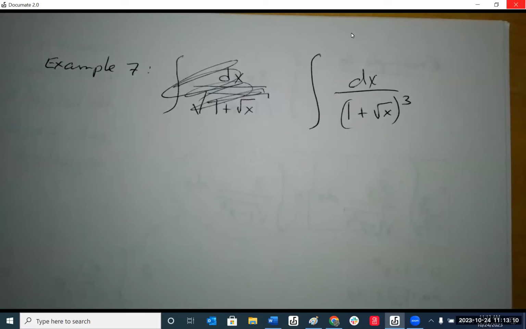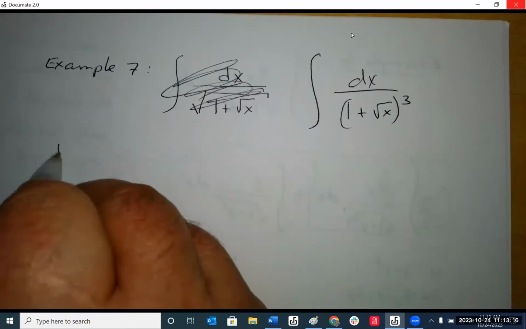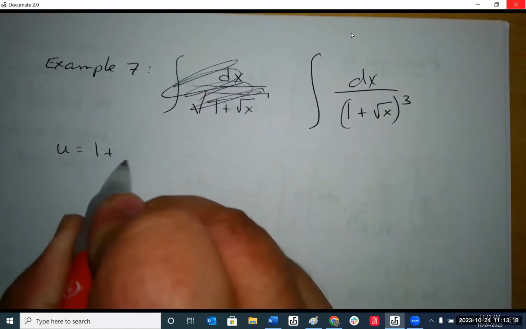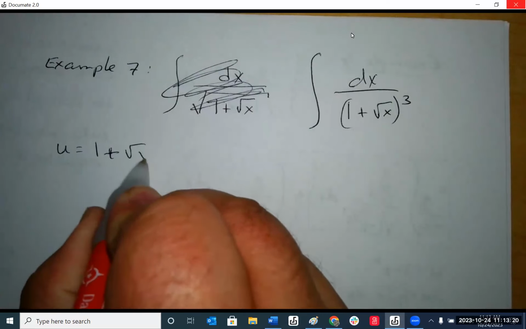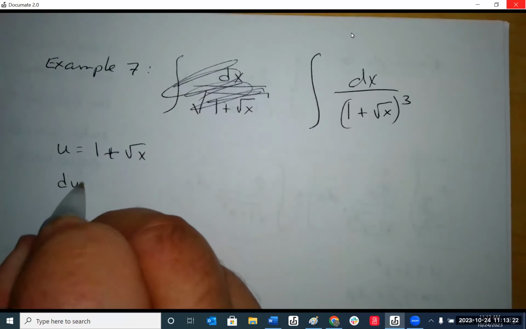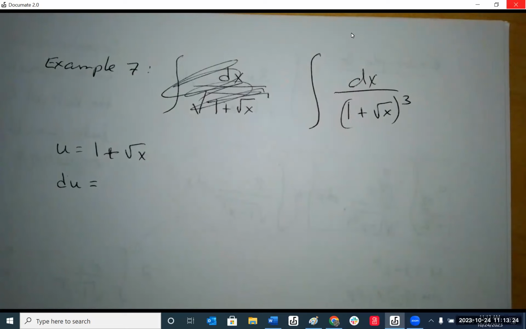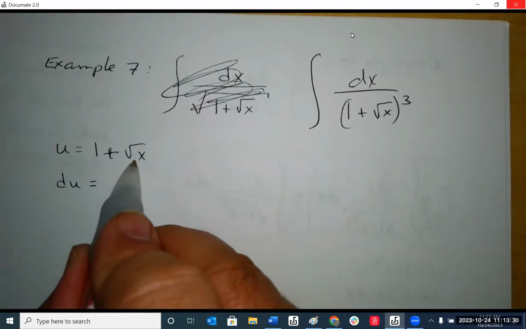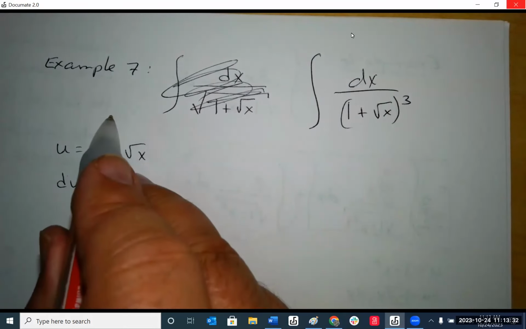So what do we have? And then what would du be? Well, the derivative of 1 is 0.